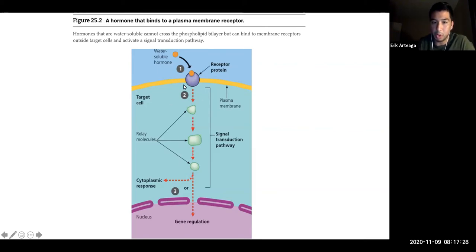So one, the receptor protein binds to that hormone, and you have that pathway occurring, either the regulation within the cytoplasm, or at the gene level through the activation or inhibition of a specific gene. Okay, so remember, this is water soluble. These are polar molecules, polar hormones.